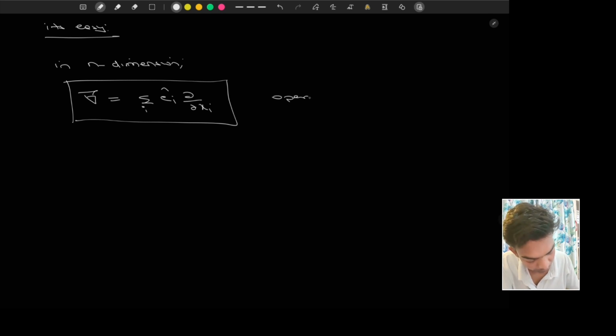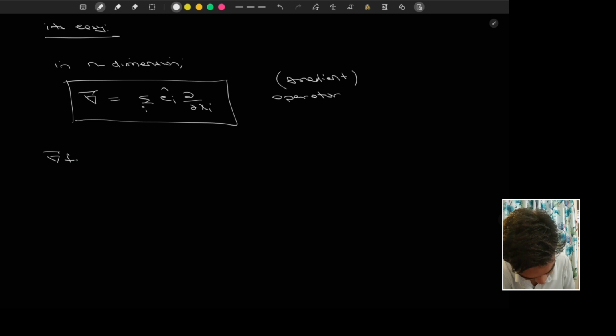That's my gradient operator, and it acts on a function. Here ei is the unit vector in the ith direction. There are n unit vectors. This is what it means.